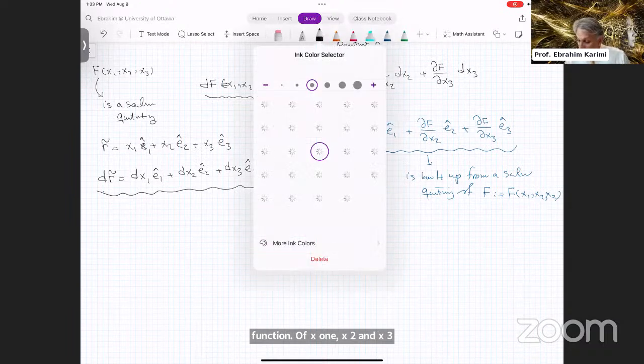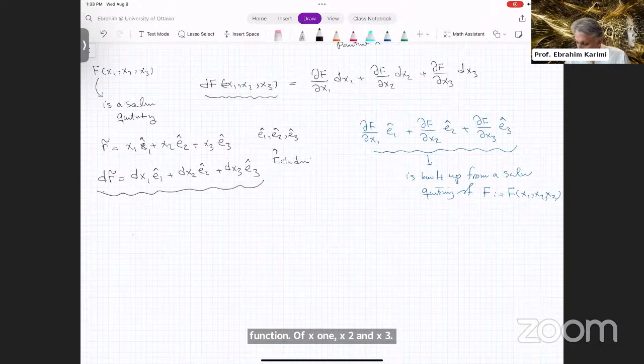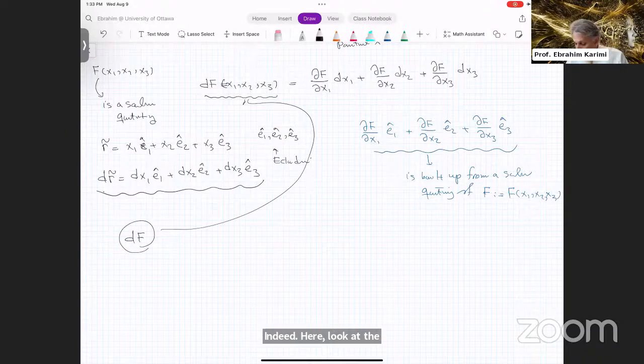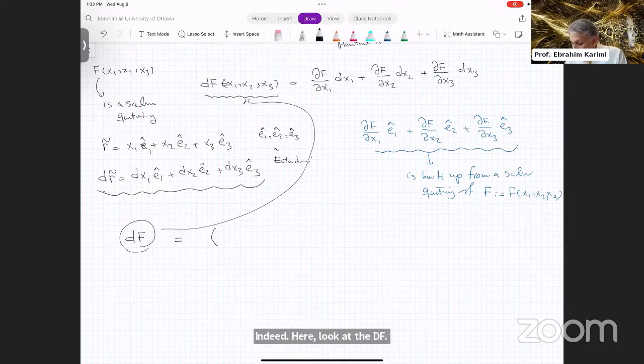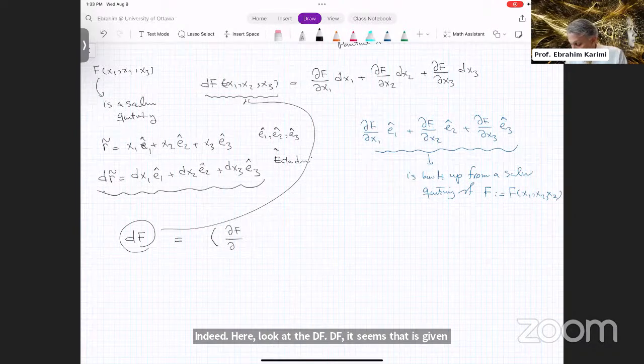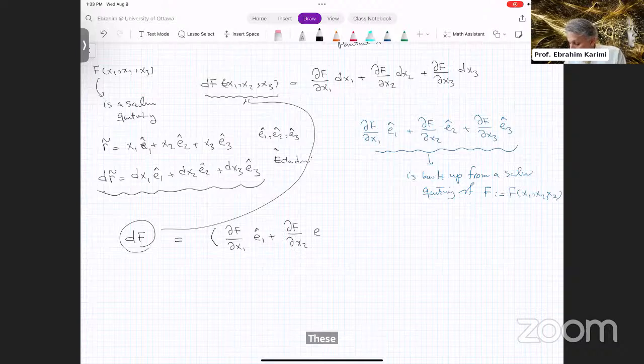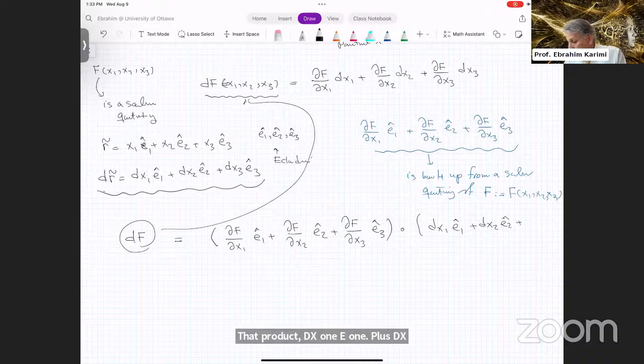And df, indeed, look at the df. It seems that it is given by the dot product of these two vectors, dotted with dx1 e1 plus dx2 e2 plus dx3 e3.